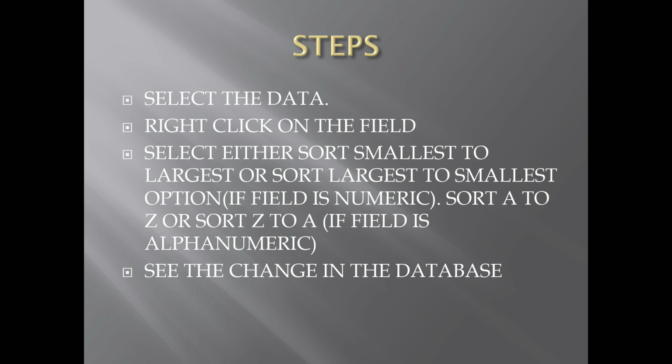Sort A to Z or sort Z to A if the field is alphanumeric, okay. So alphanumeric means when we are writing any name, address and all, and numeric means like your roll number, phone number, you can arrange largest to smallest or smallest to largest and see the changes in the database.